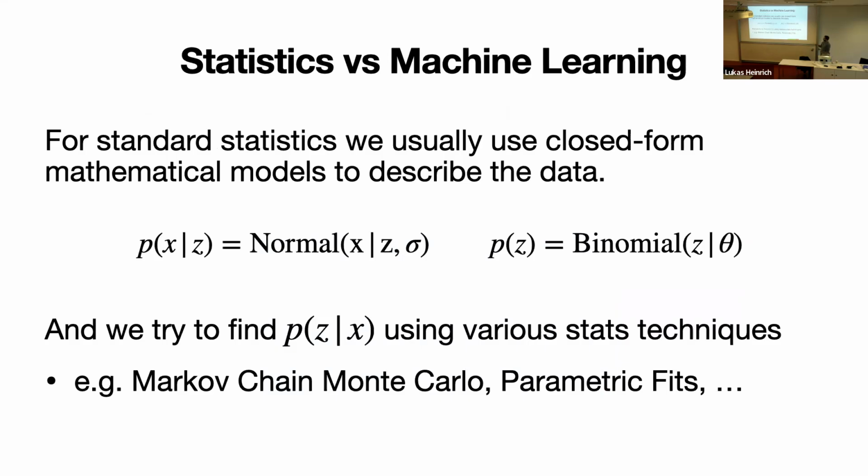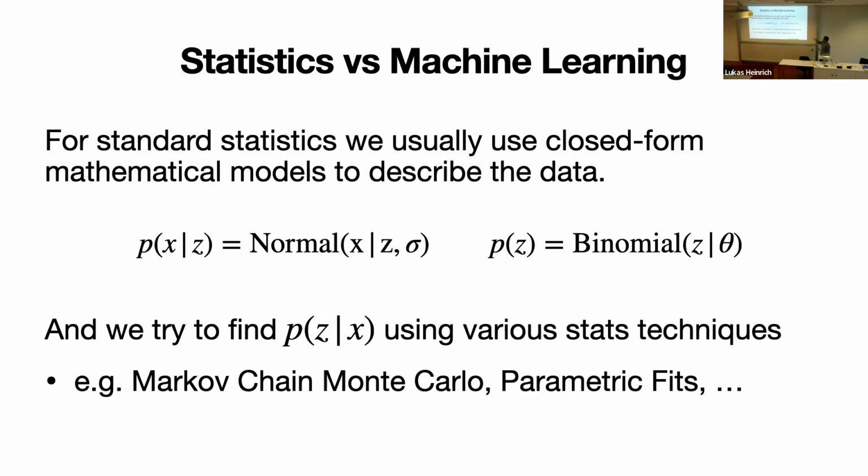This might be, for example, a normal distribution. We say, okay, if I have my true mass, the measured mass is going to be randomly distributed according to a Gaussian distribution. Or we might say my concept is the probability that it's a cat, and then if it's a cat, I generate some data.